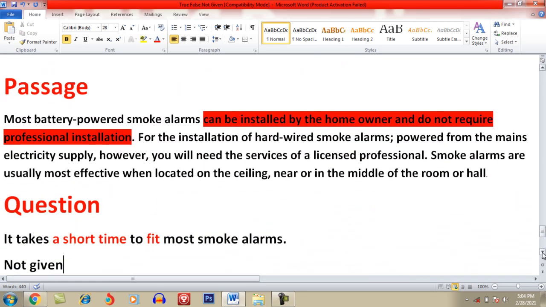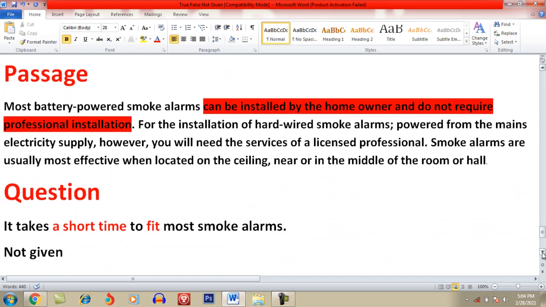Now, another question: it takes a short time to fit most smoke alarms. In the passage: most battery powered smoke alarms can be installed by the homeowner and do not require professional installation.